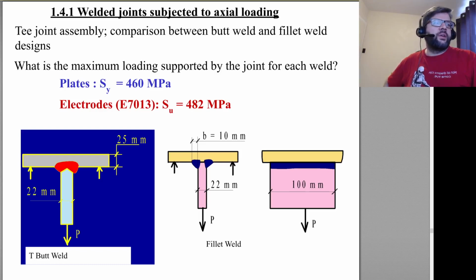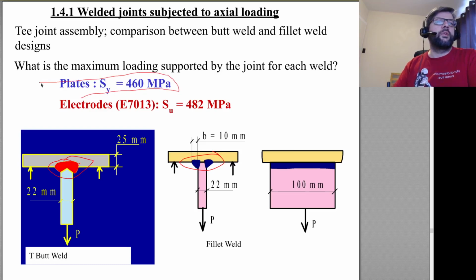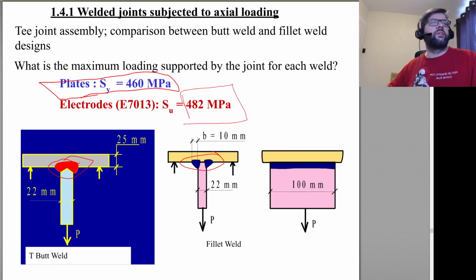Say we have a T-butt weld, a T-joint, and we're thinking of using either a through thickness T-butt weld, something that looks like this, or a pair of fillet welds. We've got the material properties of the plates, and the material properties of the electrodes.